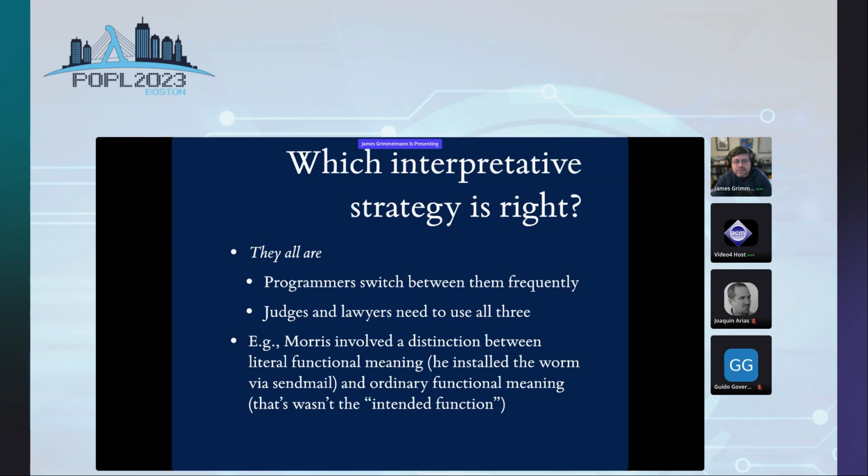Neither of those two questions has anything to do with how to interpret sendmail or the finger daemon, because those are Unix services. And the question is, did Robert Morris intend to get unauthorized access? And that has nothing to do with how to interpret sendmail or the worm.